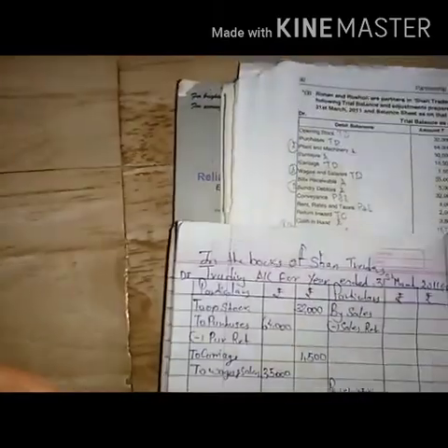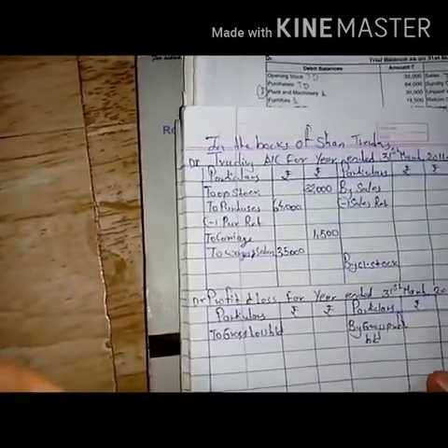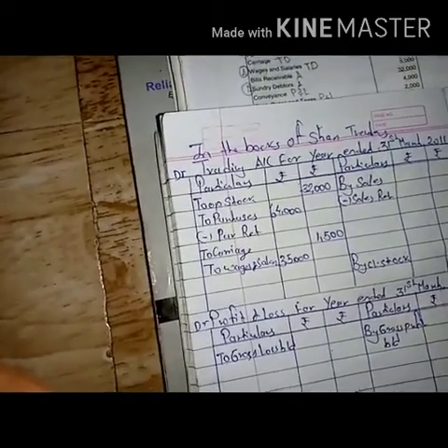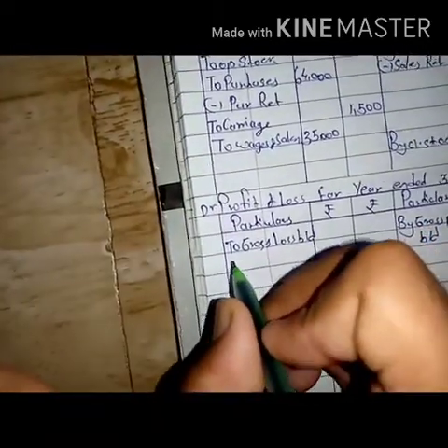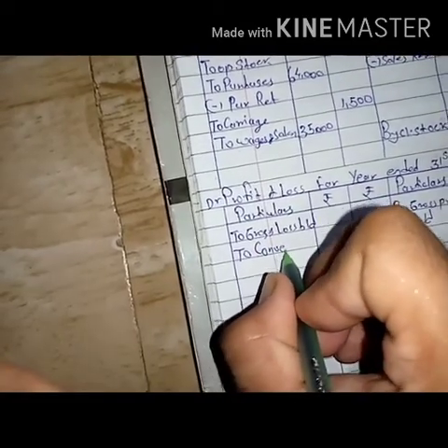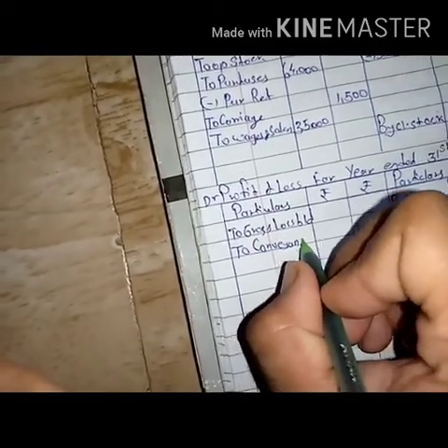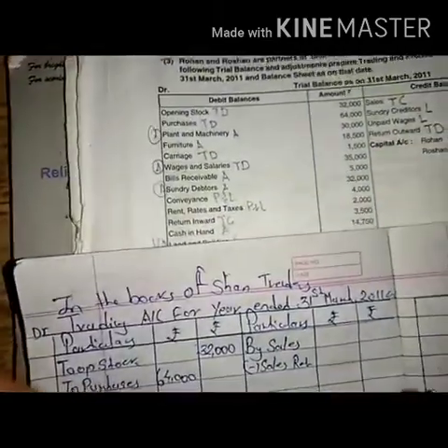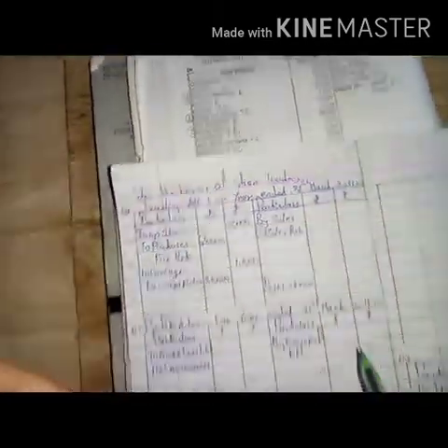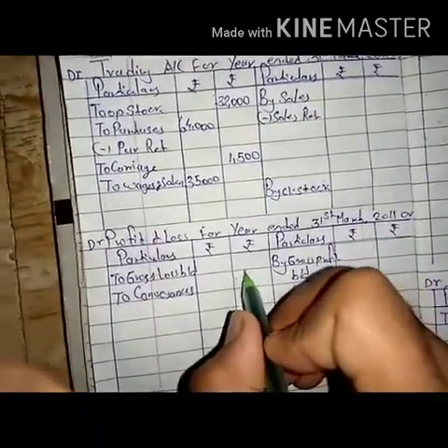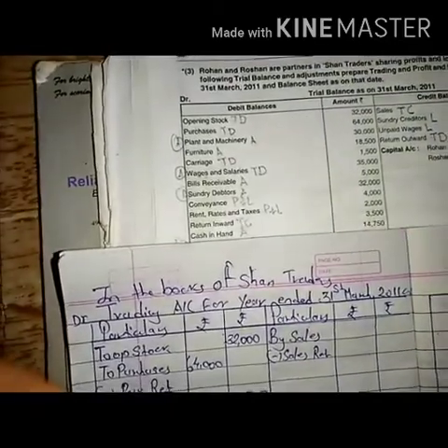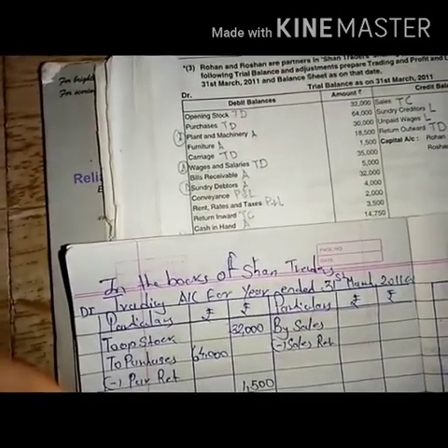Next, conveyance. Profit and loss account debit side. Conveyance doesn't have any adjustment. 4,000 in the outer column. Next, rent, rates and taxes.